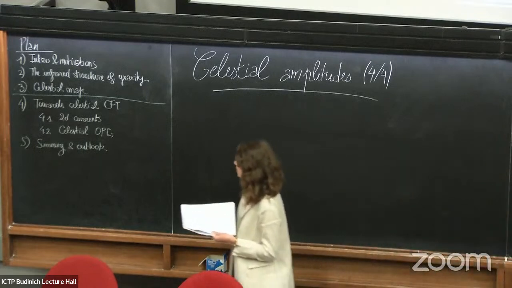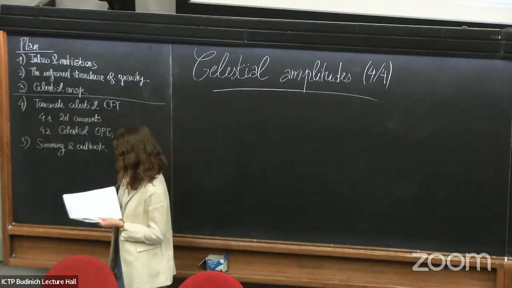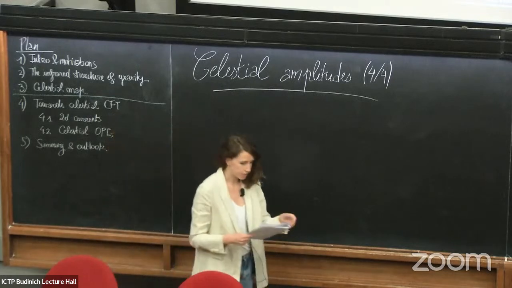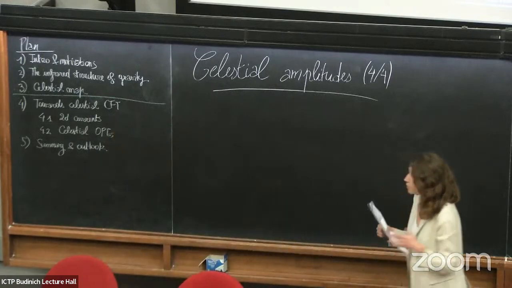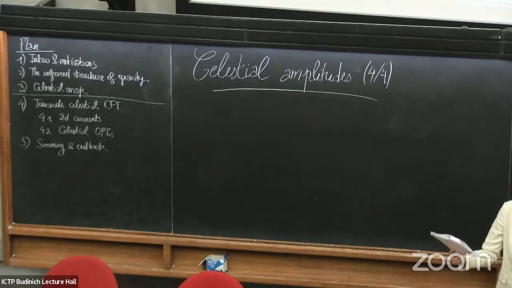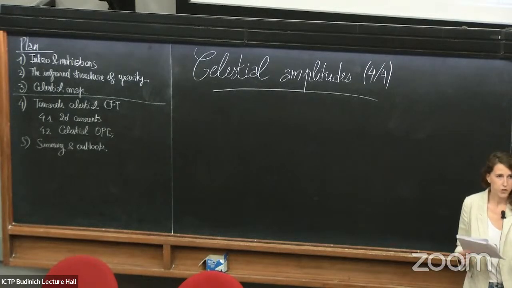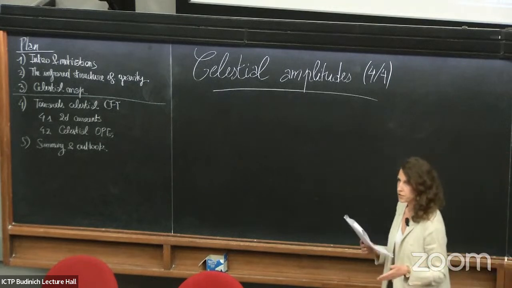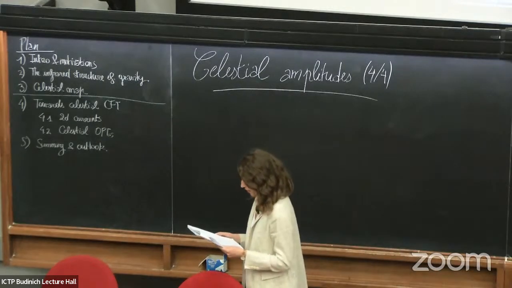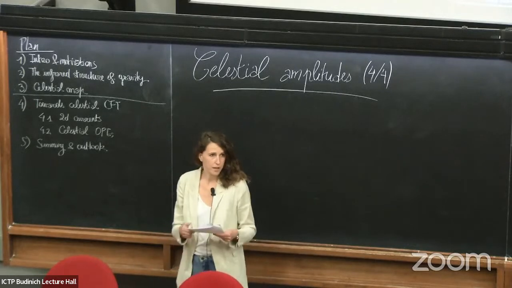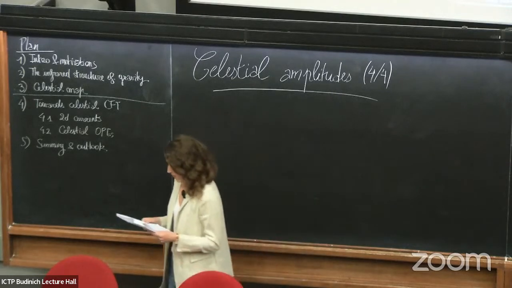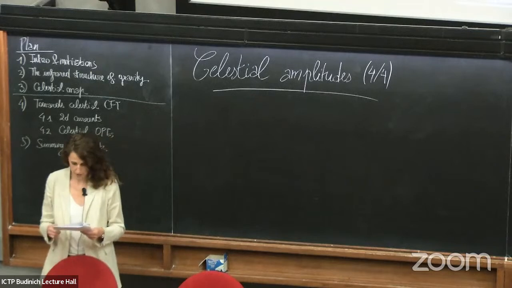And we will discuss also some features of celestial operator product expansions. And then I will try to give you some broad overview of this program of celestial holography, what we have achieved so far, which are the big questions that are still open, and eventually what is the big picture that we want to achieve.